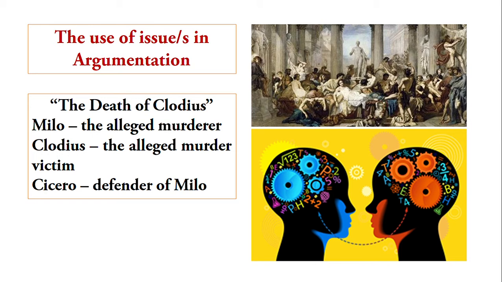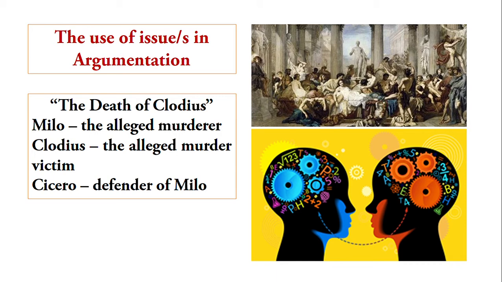In this case, the issues in argumentation functioned very well. And as I go through the story, you will take note of how significant it really is for you to understand the issue so that you could construct very well your arguments.